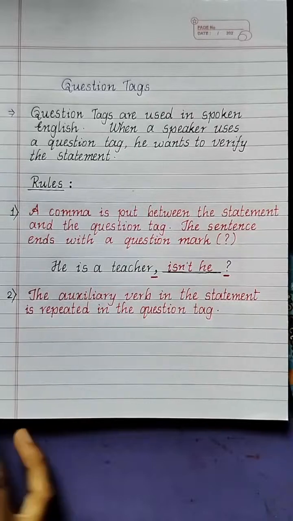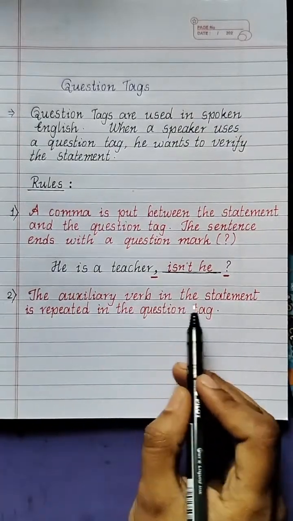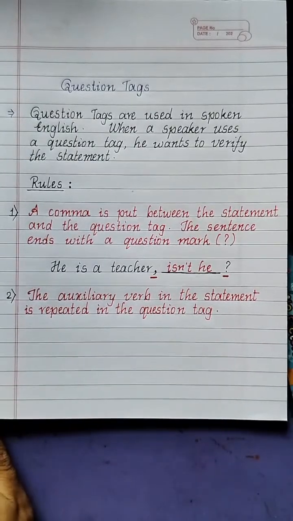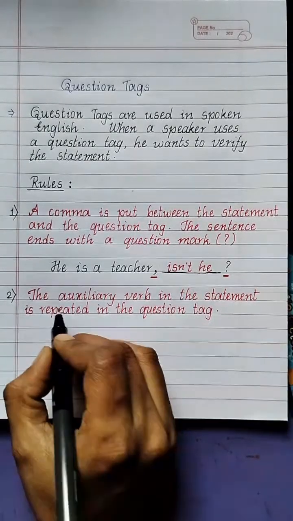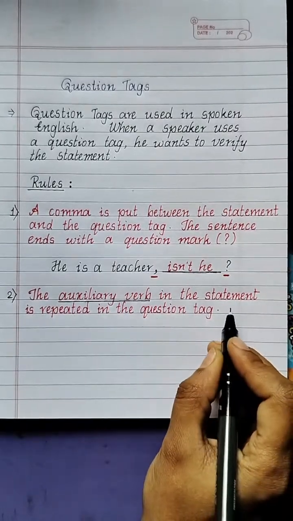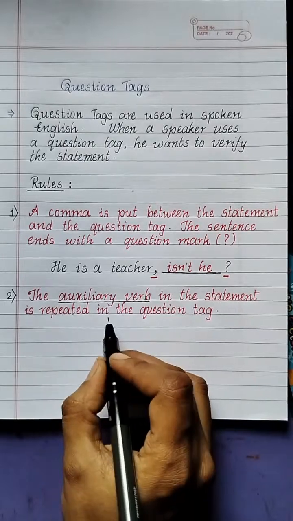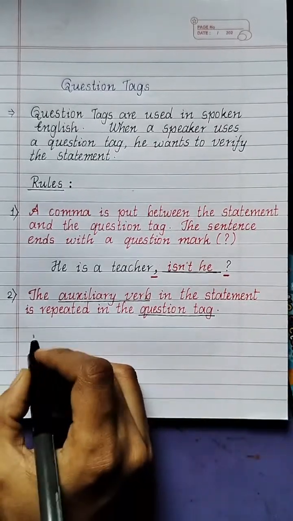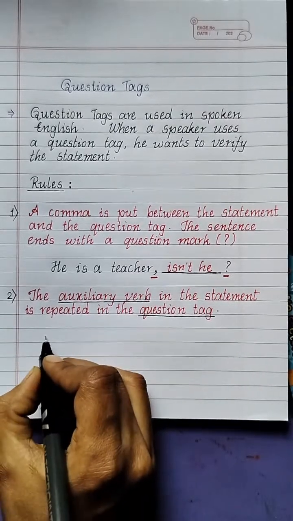In the second rule, it says that the auxiliary verb in the statement is repeated in the question tag. Okay, if the auxiliary verb is in the statement, then the same auxiliary verb is repeated in the question tag. For example, you can see here.